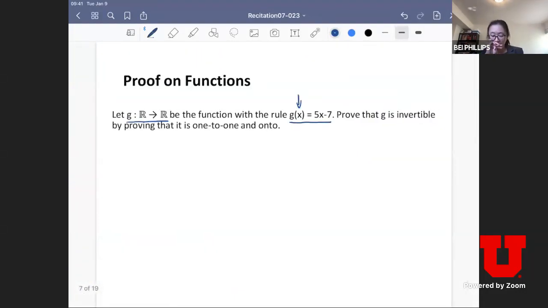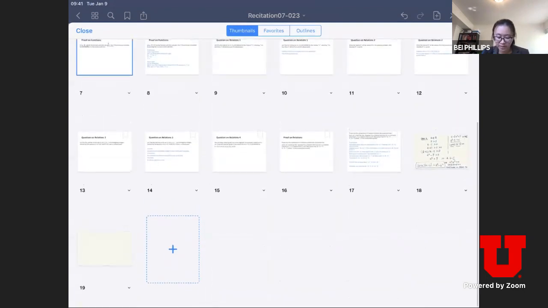Okay, all right, so before we go to the proof of this, let me quickly review the idea of a 1-to-1 function, and also the idea of an onto function.